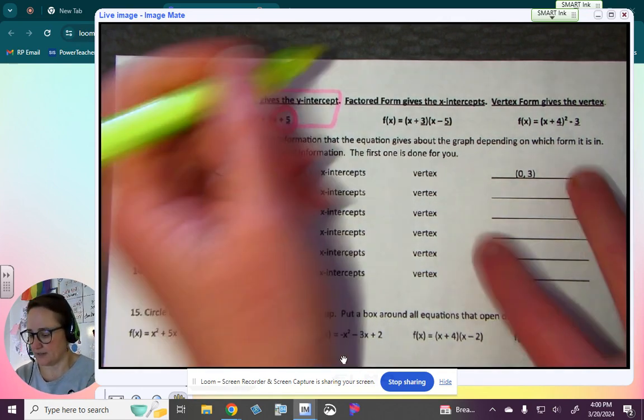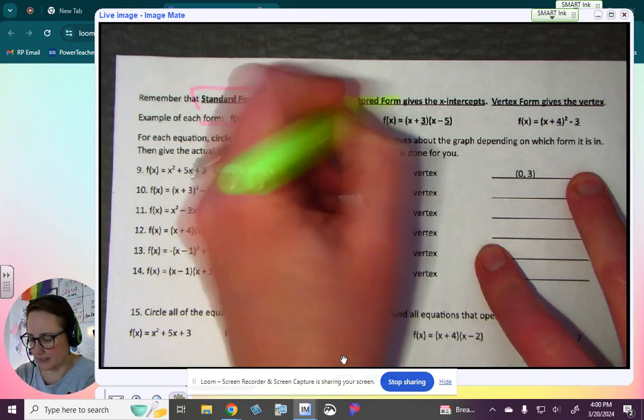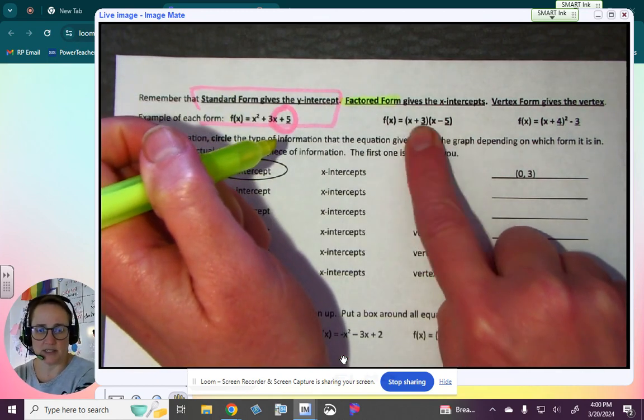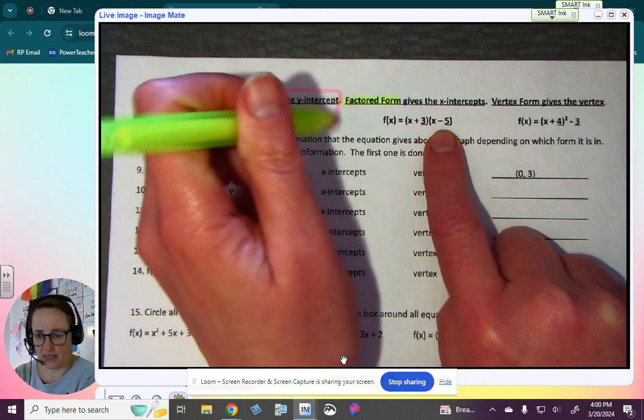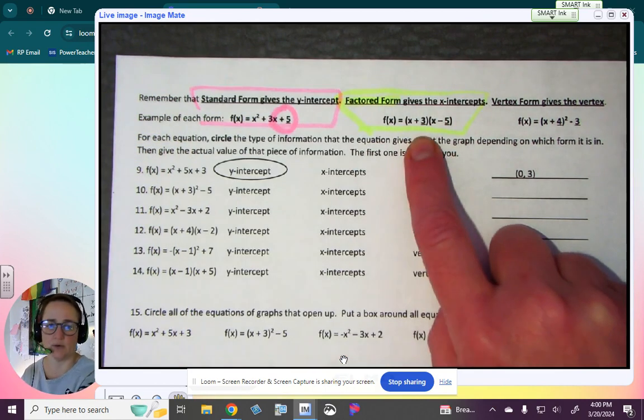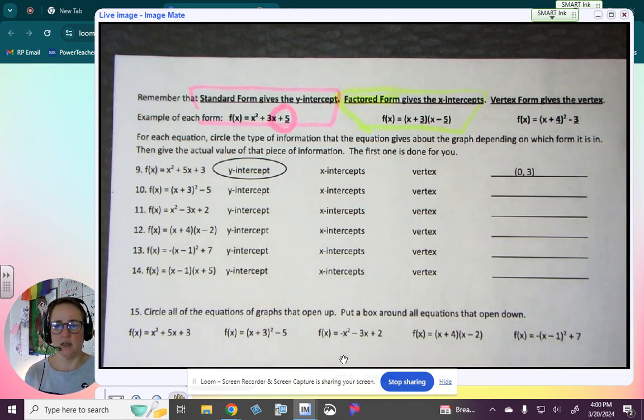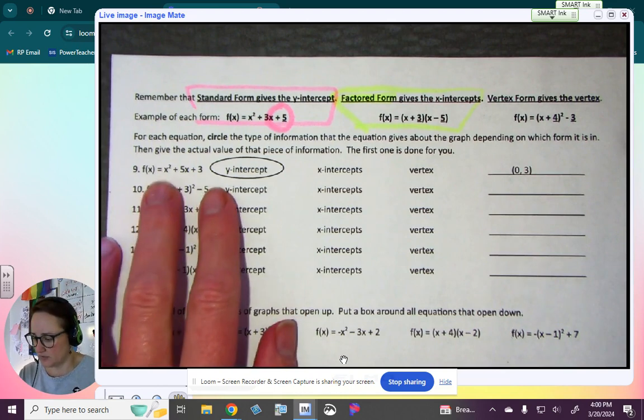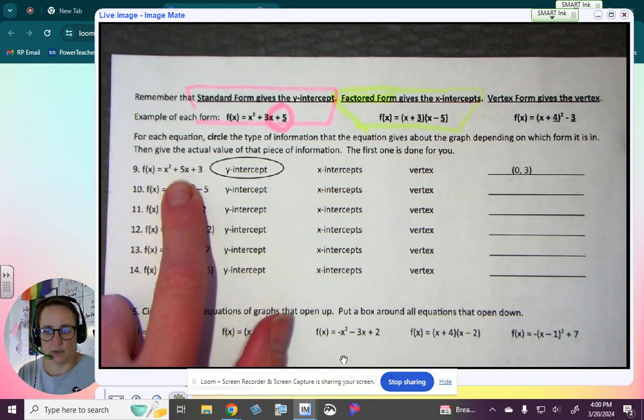Now, next to it is factored form. Remember, that's something that's got one or two sets of parentheses, and nothing is squared. So when I look at these examples, this one is standard form.